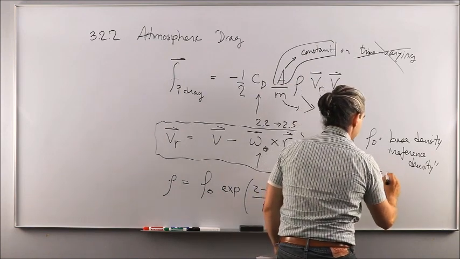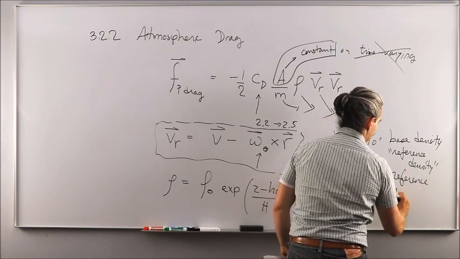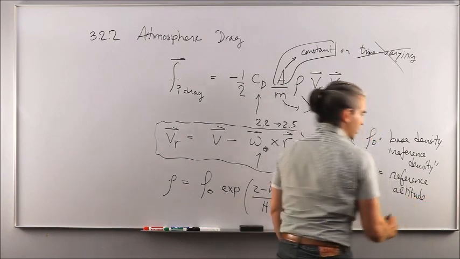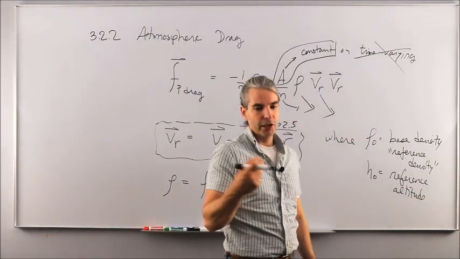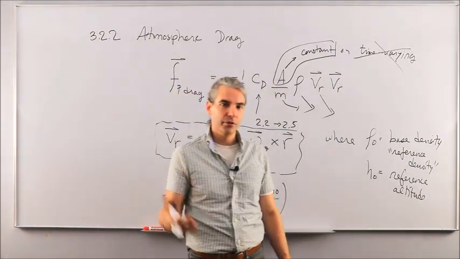H naught is the reference altitude, which is a constant for a range of altitudes. So say, you know, your spacecraft will operate in a range of 500 to 700 kilometers.